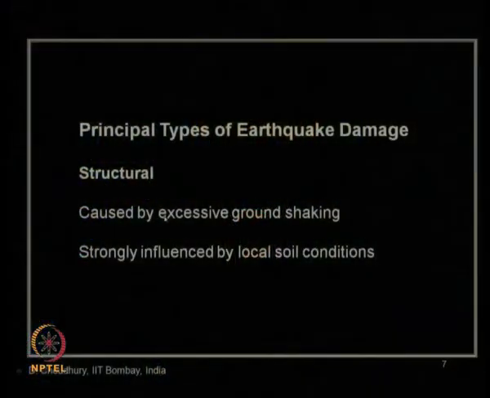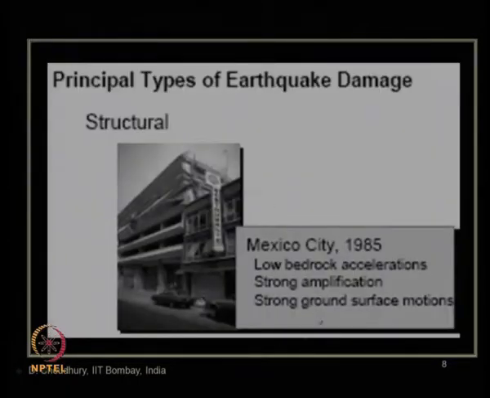Then we have gone through what are the principal types of earthquake damage, and for that the structural damage, which can be caused by the excessive ground shaking, and this is strongly influenced by local soil conditions. For that we have seen a very good example of the Mexico City earthquake, where the original bedrock seismic acceleration was pretty low.